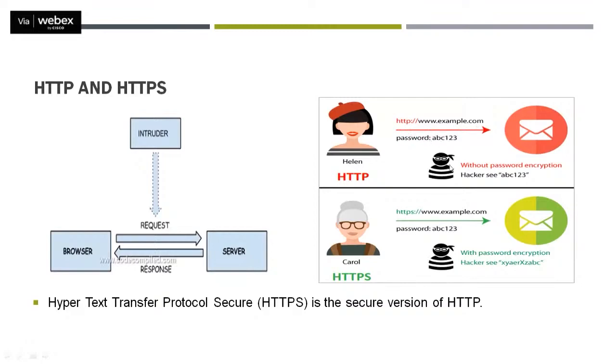Then this attacker who was in the middle was easily able to see this password, and he can easily reuse or misuse it. Her password, her login ID, her credentials, because they were sent without any encryption.